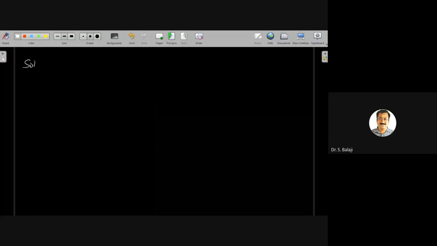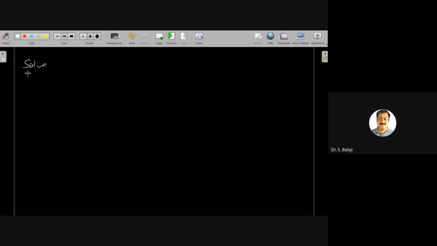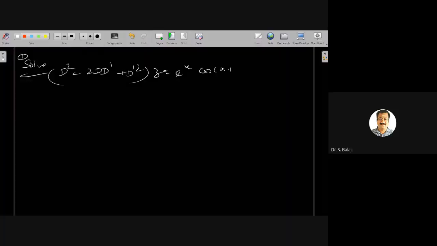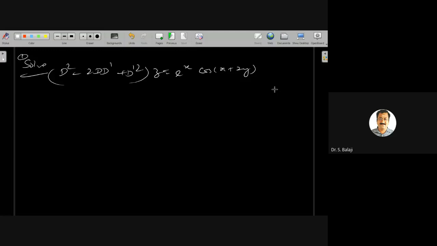Take some problems here. Solve d square plus d dash square of z equal to e power x into cos of x plus 2y. E power x into cos of x plus 2y, product of exponential and sine cosine here.